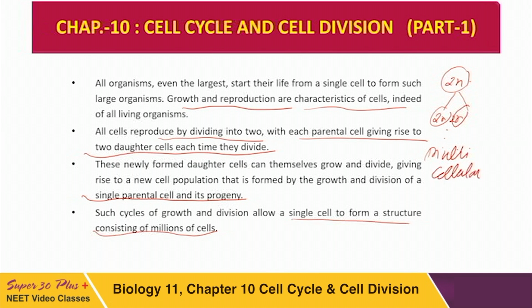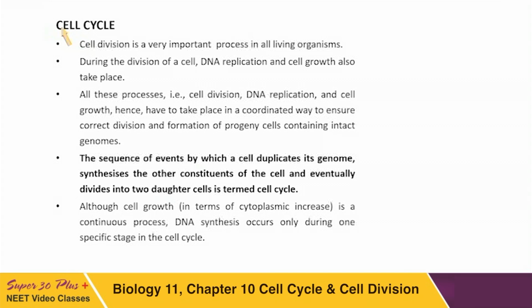So this is the same pattern we have to see in all organisms. Now we will discuss what we mean by cell cycle. You see, cell division is very important, found in all organisms, as I told you. What happens during cell division? There is DNA replication and cell growth.